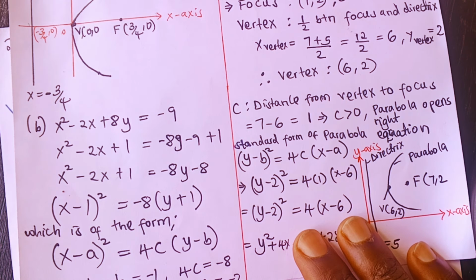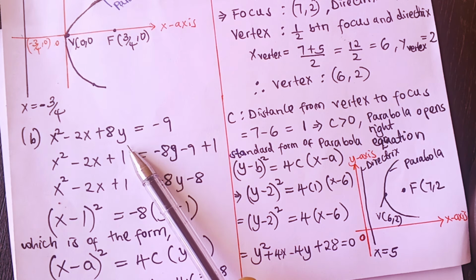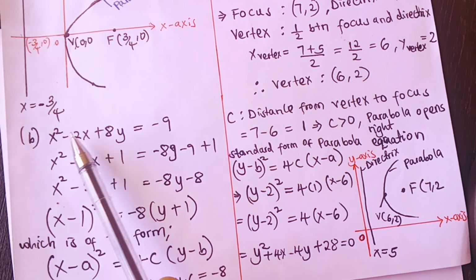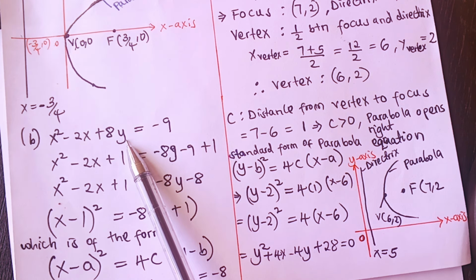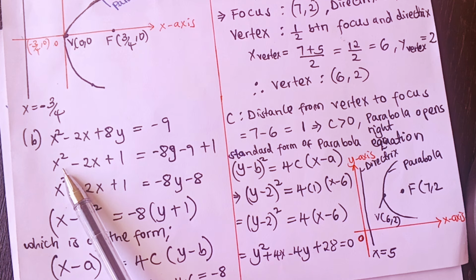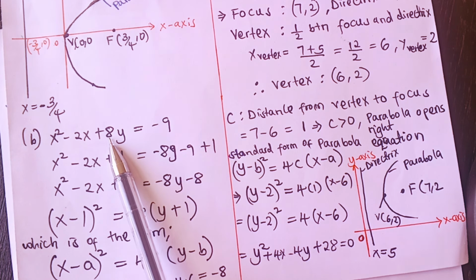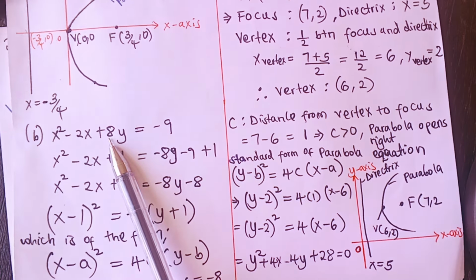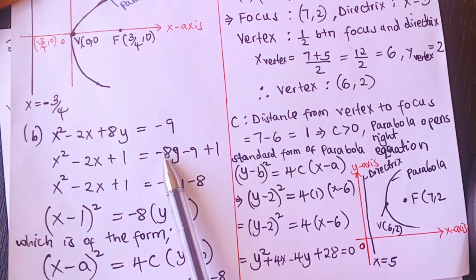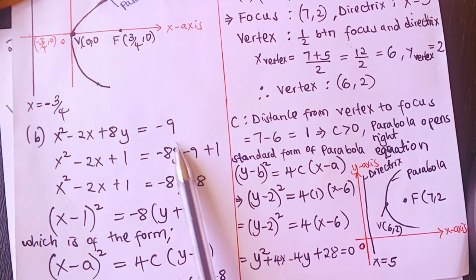Let's solve B. We are given this equation, and we are going to find the focus, the vertex, and the directrix. This is x squared minus 2x plus 8y is equal to negative 9. So we have x squared minus 2x, and 8y moves to the other side, which will be negative 8y minus 9.